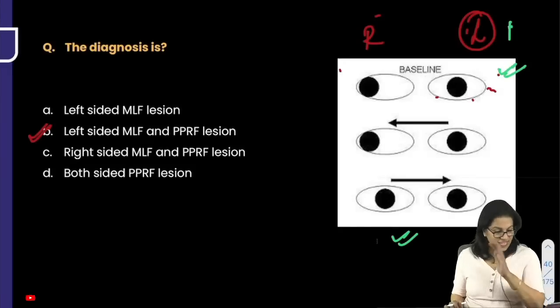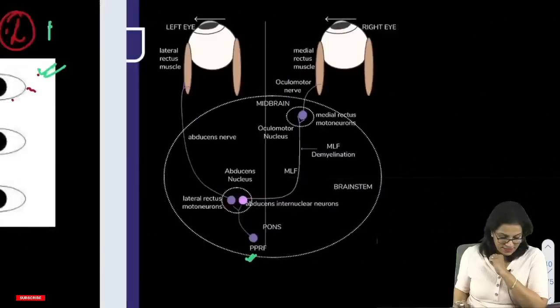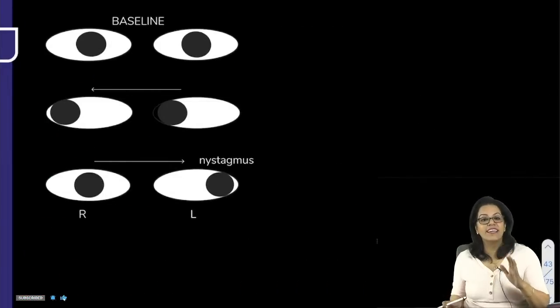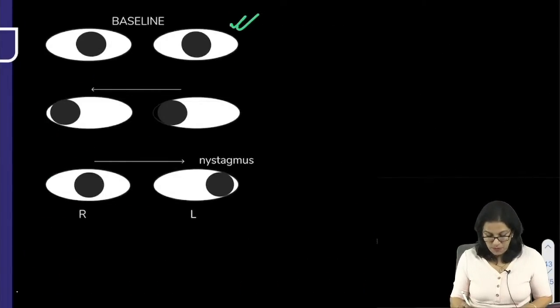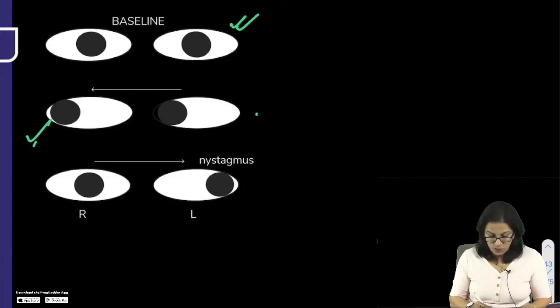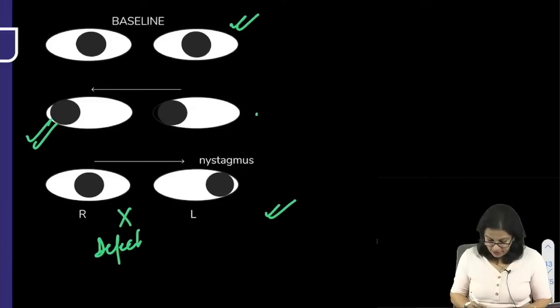Correct? We come to the next question now. So this one is your INO, where the baseline you have to keep in mind is both eyes are in primary gaze at the center. On one side there is no problem. On looking at the other side, what is happening here? Defective adduction on the right side. Can you see that?